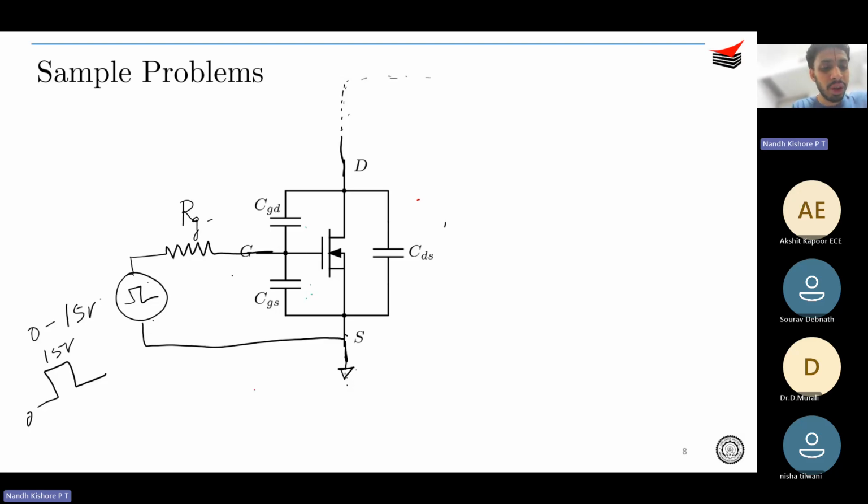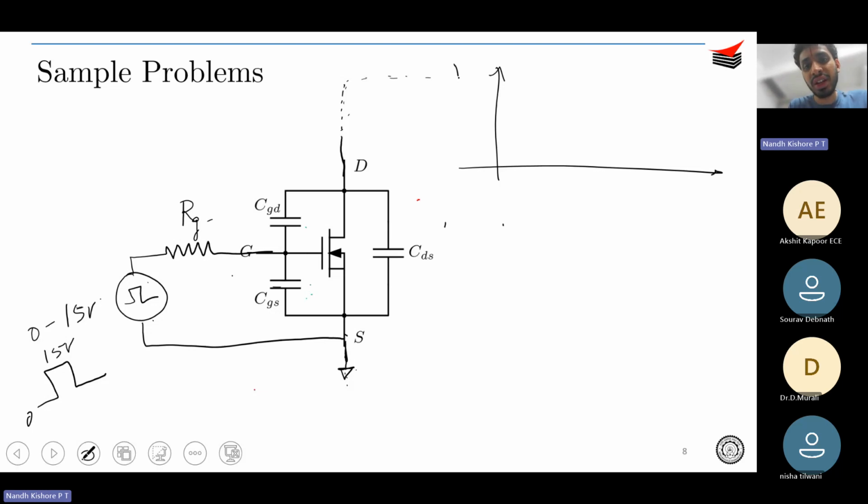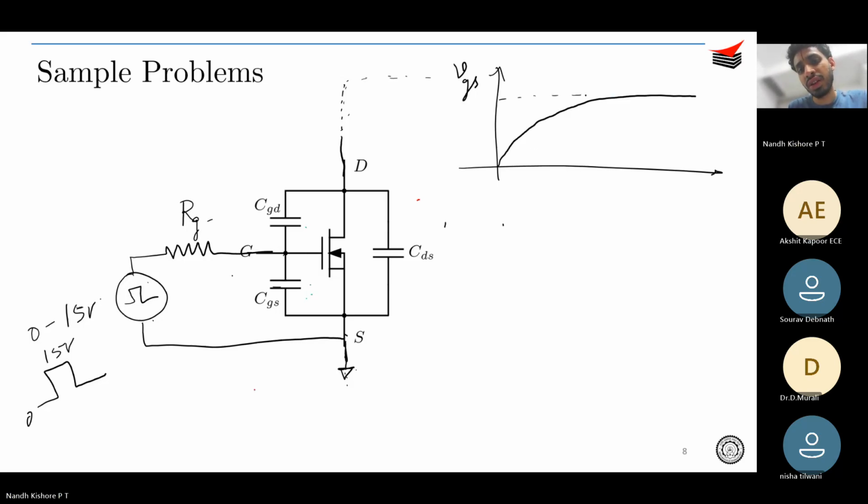So what will happen is once you apply 15 volt, the CGS capacitance, let's assume it was initially uncharged. So what will happen is VGS, right? VGS is the voltage across the CGS capacitance. So what will happen is essentially CGS voltage will slowly increase and then it reaches 15 volt. Okay.